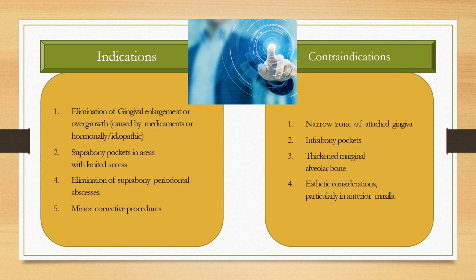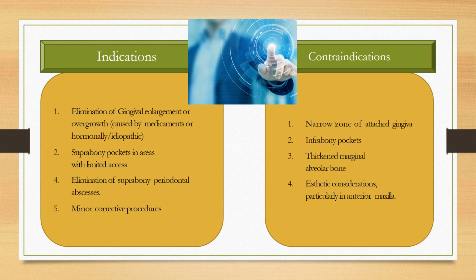Gingivectomy is indicated for all of these. Also, suprabony pockets in areas with limited access can be treated with gingivectomy, as well as elimination of suprabony periodontal abscess, and minor corrective procedures for correcting minor gingival discrepancies.